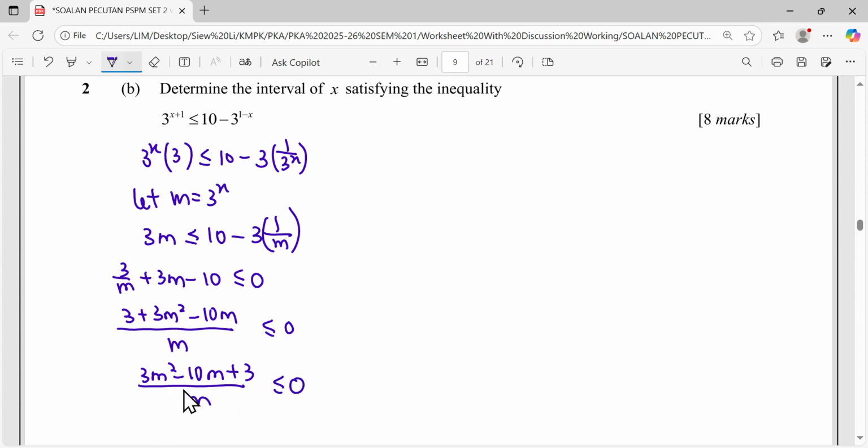Factorize this. Okay, then only we start the positive number line to solve rational inequalities.